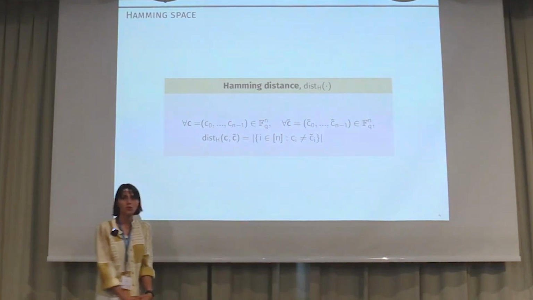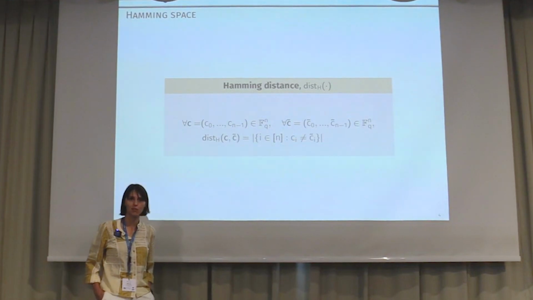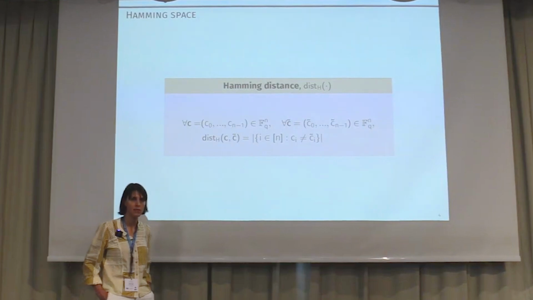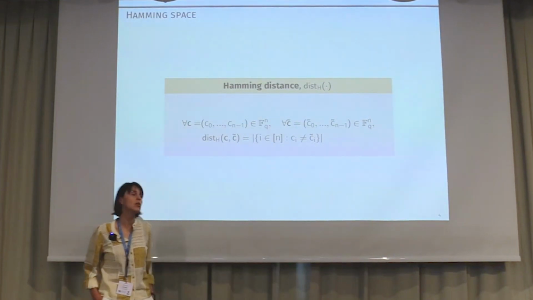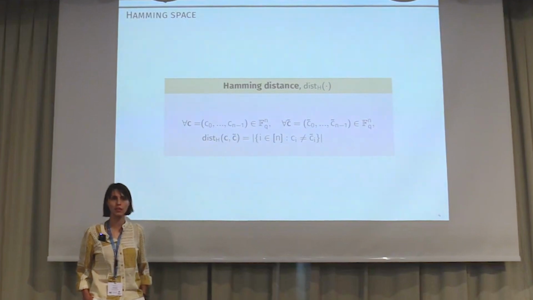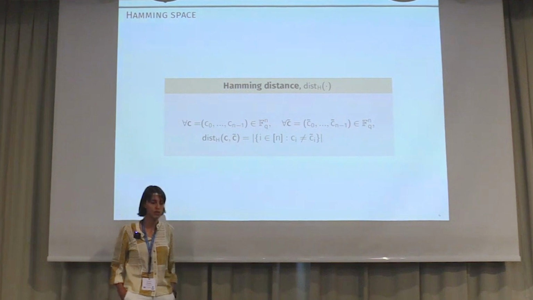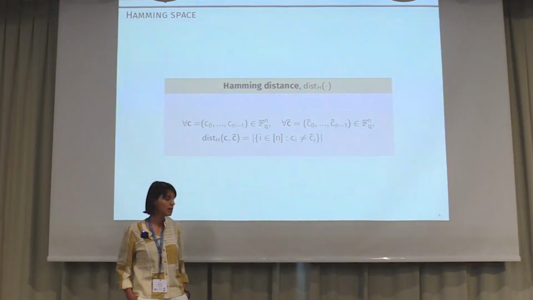Then, again, we need to decide how to formalize this notion of distance. In real life, the notion of distance is commonly known as the Euclidean metric, and that is very intuitive. In the code-based setting, and in coding theory in general, the Hamming distance is what we normally use.